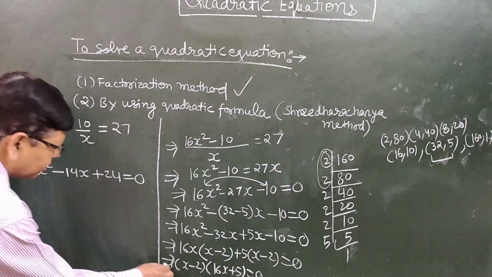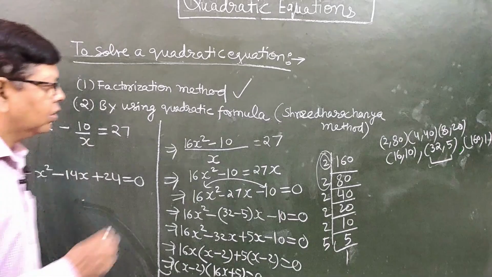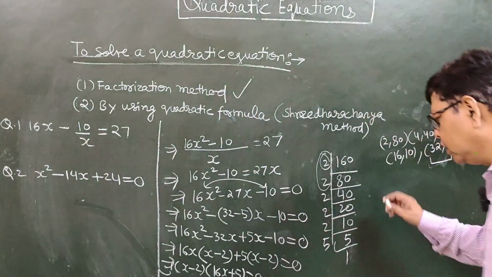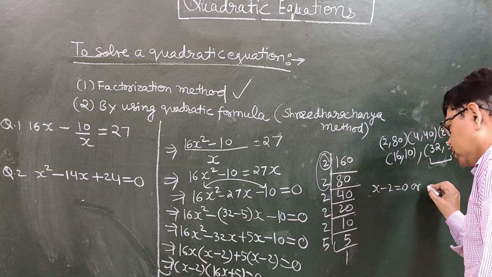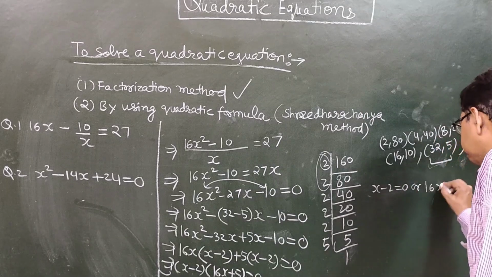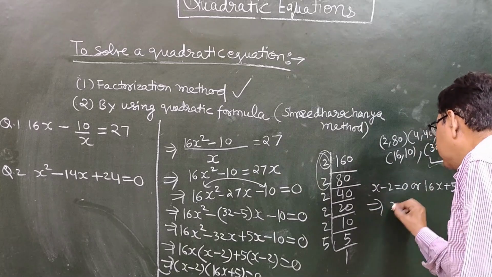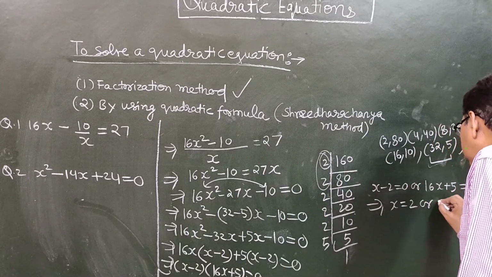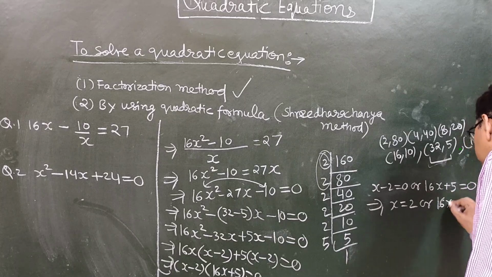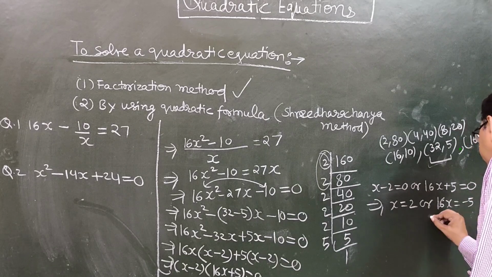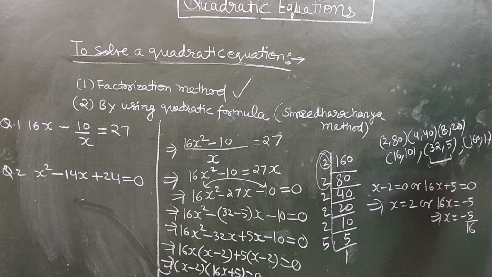So I can write this is equal to x minus 2 equal to 0 or 16x plus 5 equal to 0. So this gives x equal to 2, or 16x plus 5 equal to 0 means that 16x is equal to minus 5, which implies that x is equal to minus 5 upon 16.